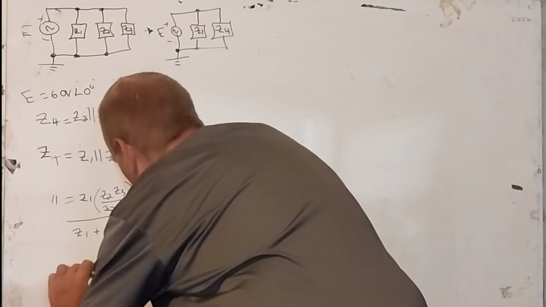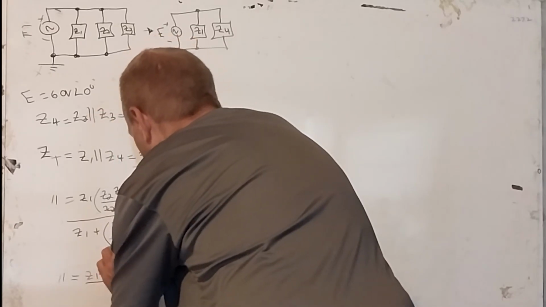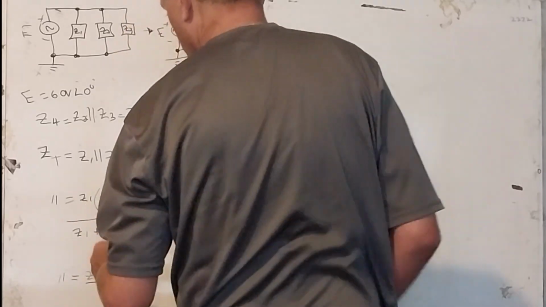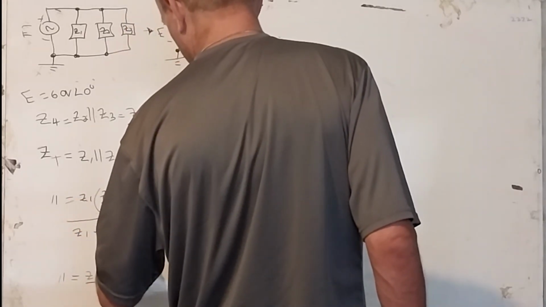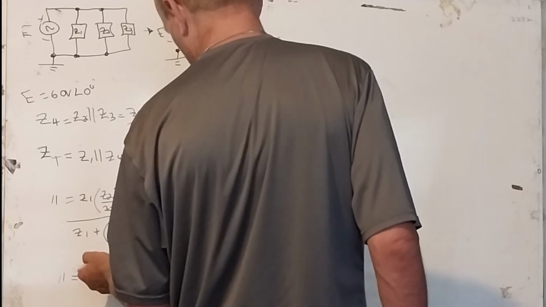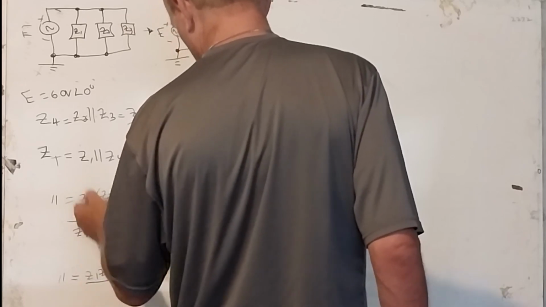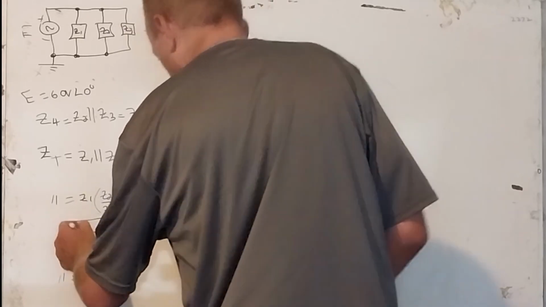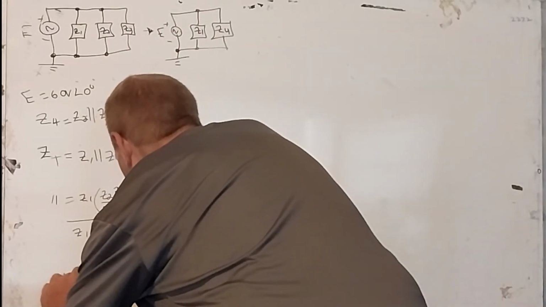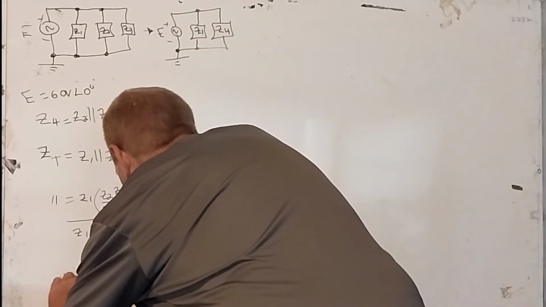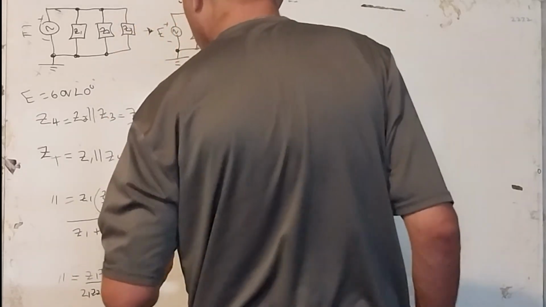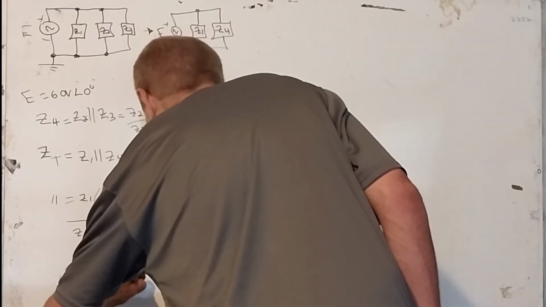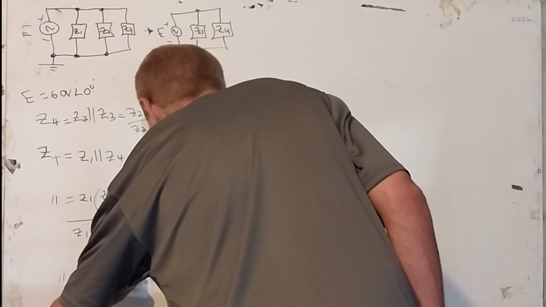Z3 divided by, we're going to multiply this by both sides. So this over itself, which is 1. This by that. So we'll actually end up with Z1, Z2 plus Z1, Z3 plus Z2, Z3.